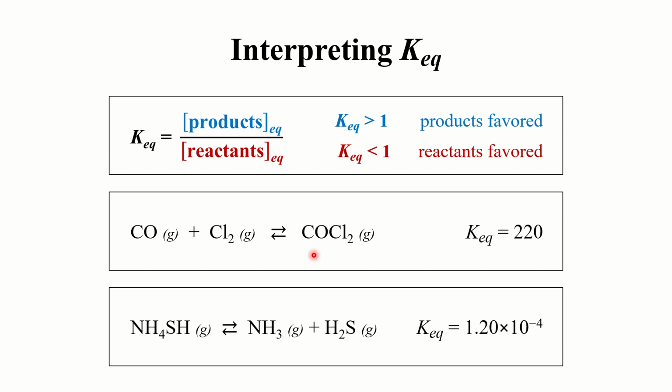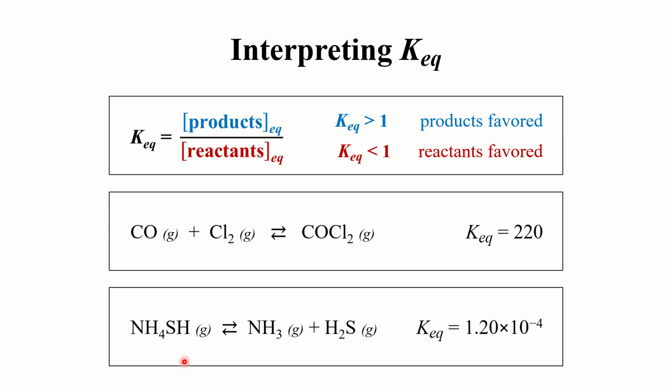So to real life examples, CO plus Cl2 to form COCl2. Here, KEQ is equal to 220. This is much bigger than 1, so we could say at equilibrium, this reaction is products favored, or we could also say that there must be more COCl2 at equilibrium than there are of the two reactants.